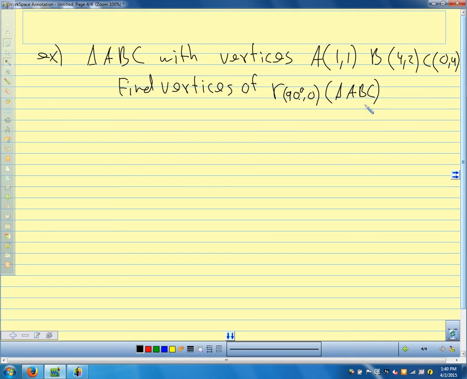All right, so what are we doing to our figure here? Rotating it 90 degrees counterclockwise about the origin. So for a 90 degree rotation, what do we do? Change the sign on y and then switch.